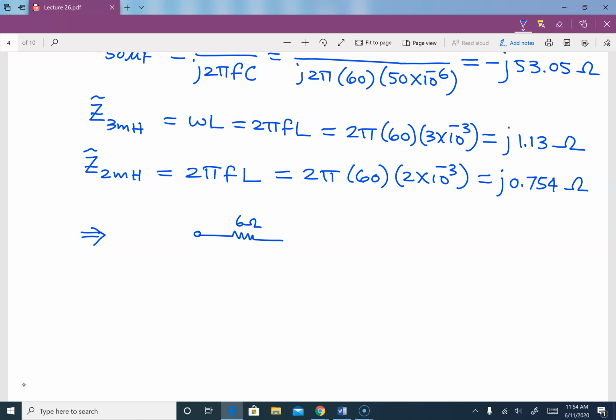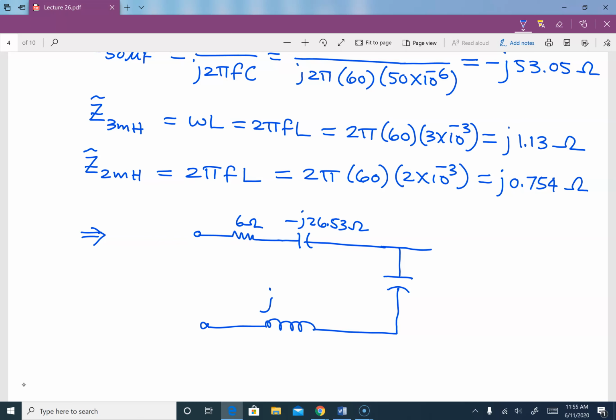So from that, we can get our circuit as this. This is 6 ohm, and then minus J 26.53 ohm, this is J 0.754 ohm, negative J 53.05 ohm.